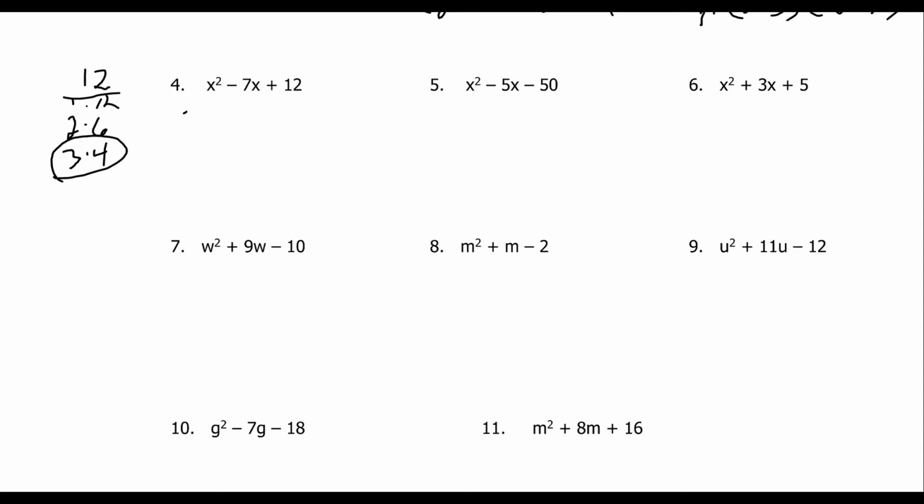Now, I know that everything's going to wind up looking like this today. Everything has a leading coefficient of 1. So, I need to get negative 7. So, x minus 3 and x minus 4. And there we have it.